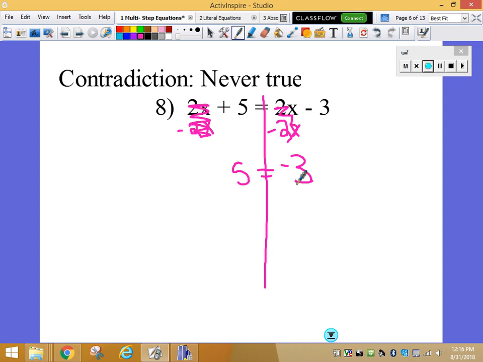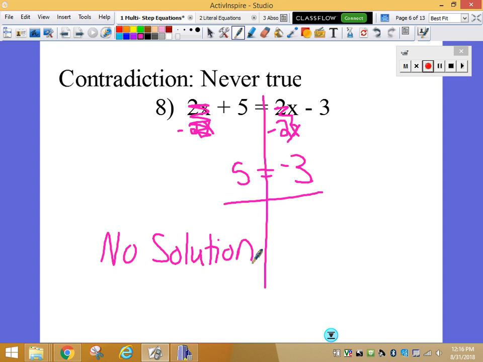So if you get something like this that makes absolutely no sense, 5 does not equal negative 3, then you're going to put no solution. That's how you know it's a contradiction, okay? We're not going to write contradiction, we're just going to write no solution. So let's talk for a second about what that means.